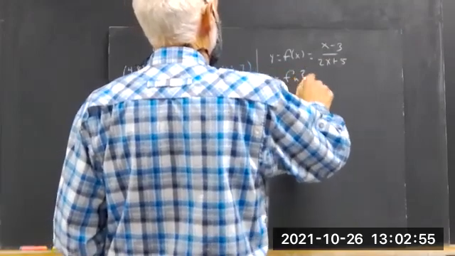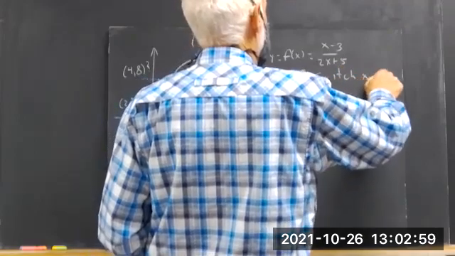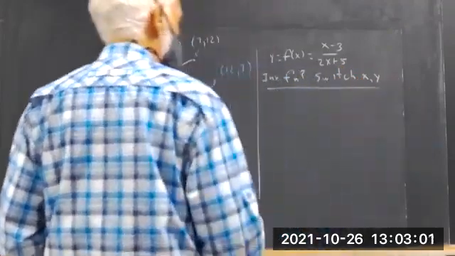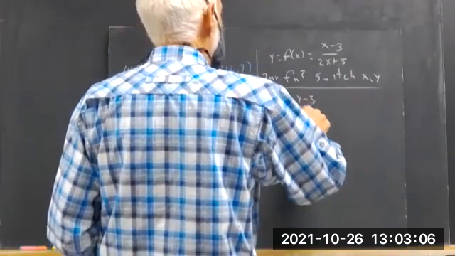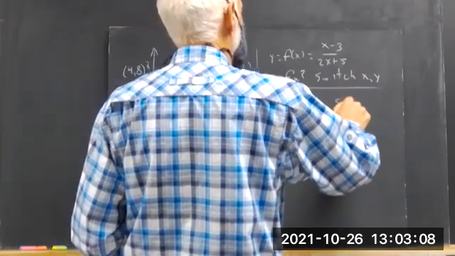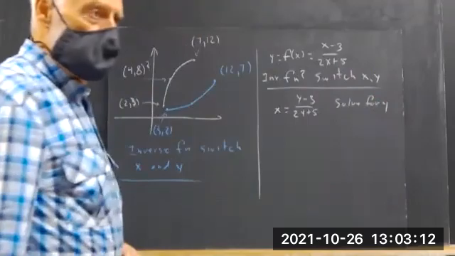What's the inverse function? Switch x and y. So we get x equals (y minus 3) over (2y plus 5). And you solve for y.